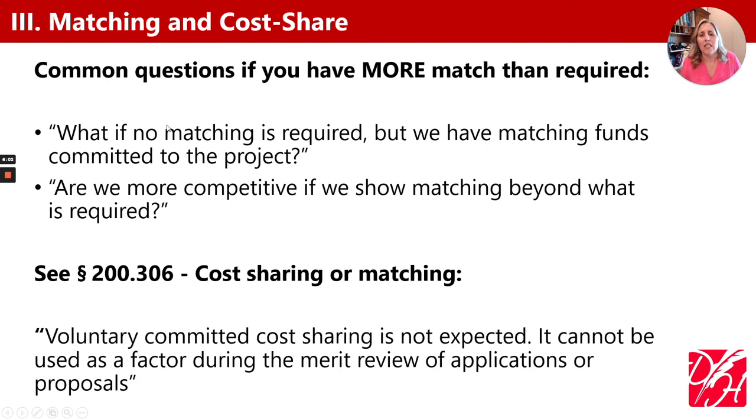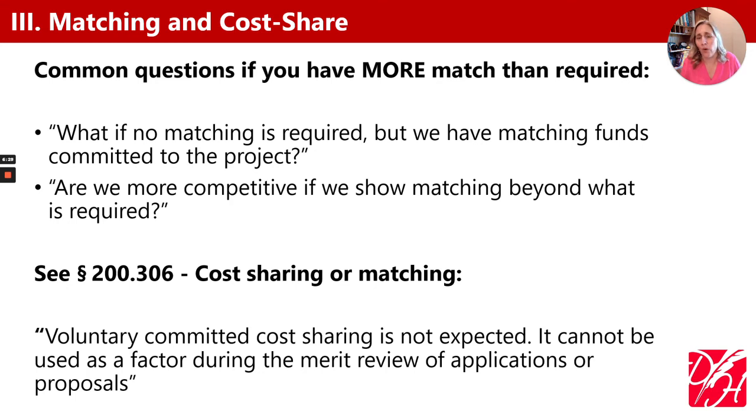Now here is a question that often comes up about match. Well, I see what the burden is. What if instead of having 25% match, we have 30% match? That'll make us more competitive, right? No, not in federal grant programs and not in state programs where the money comes from the federal government.